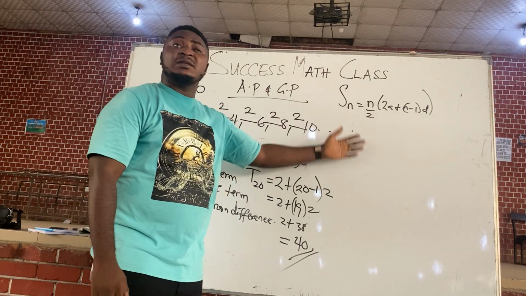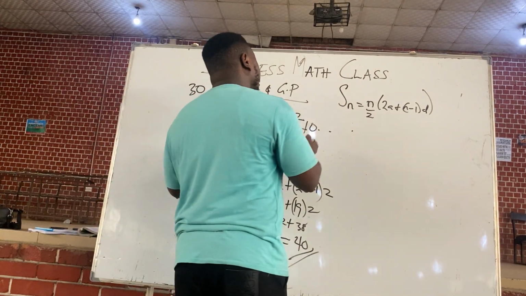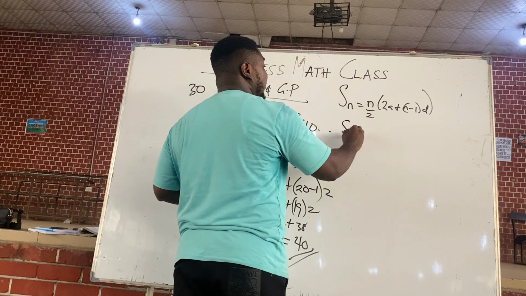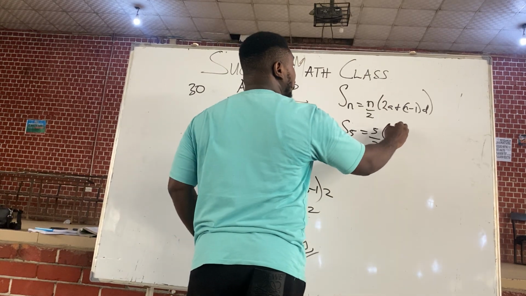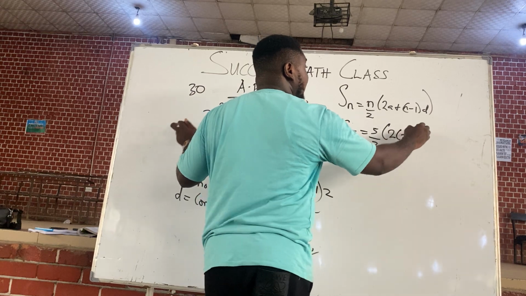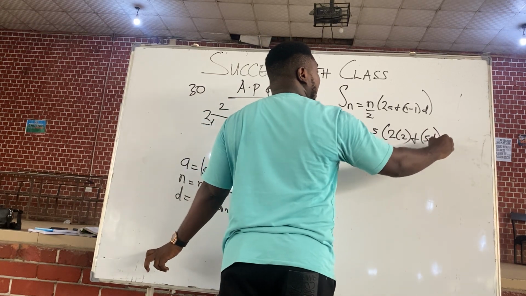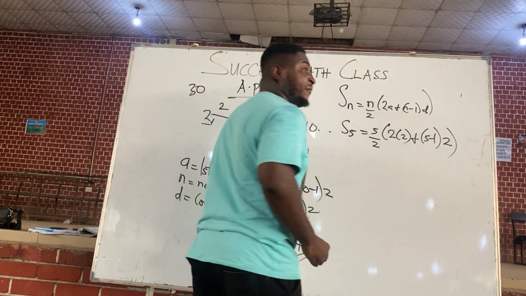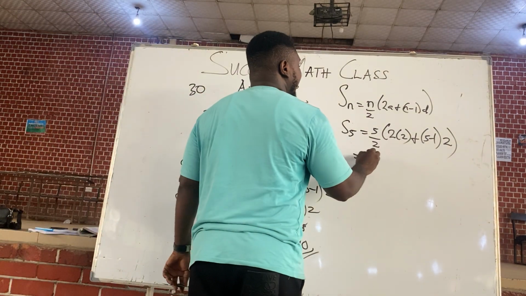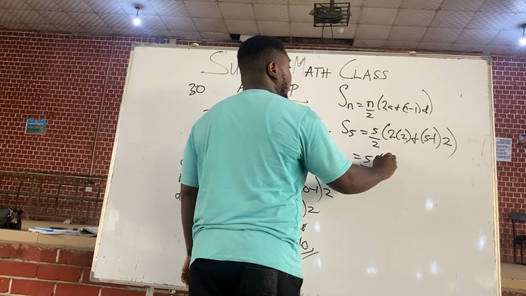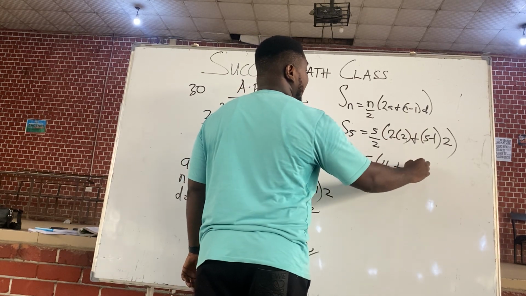Manually. Let's now prove it with this formula. The sum of the first 5 terms of this AP is S5 equals what? n is 5, right? The number of terms you're looking for is 5. All over 2, 2a, where a, the first term, is 2, plus n minus 1, that is 5 minus 1, into bracket d. Who is d? The common difference is 2. So this is 5 over 2 times 2 times 2 plus 5 minus 1 times 2.